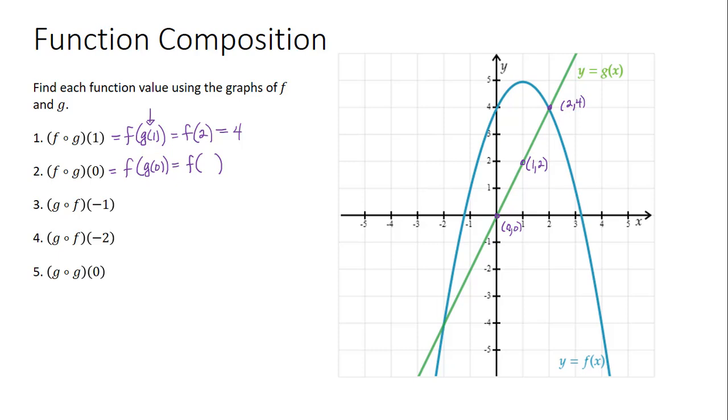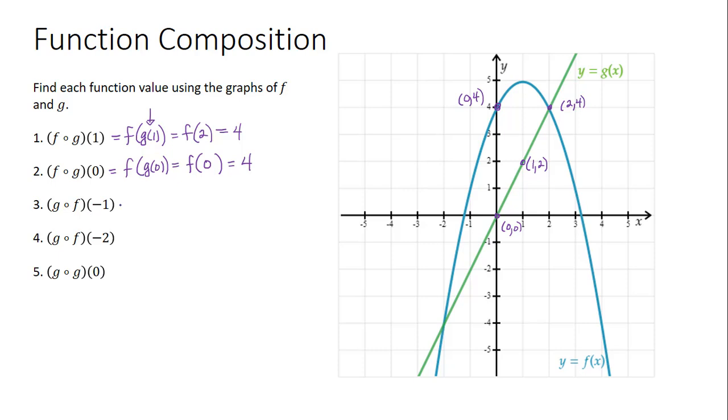So the y value when x is 0 on the graph of g is 0. So f of g of 0 is equivalent to finding f of 0. Now f of 0 means go to the x value of 0 and figure out the y value on the graph of f. That point is (0, 4). So f of 0 is 4.